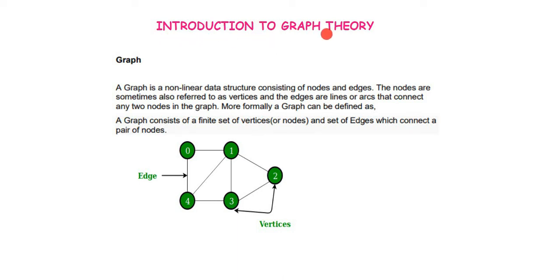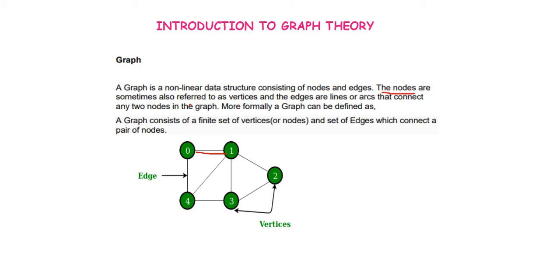Introduction to graph theory. So what is a graph? A graph is a non-linear data structure consisting of nodes and edges. The lines are your edges, and then you have nodes.